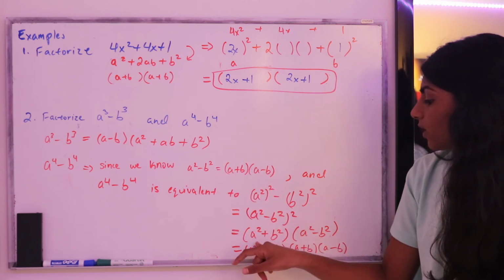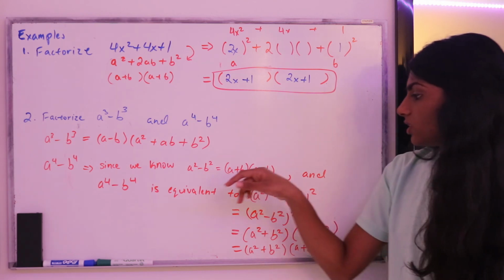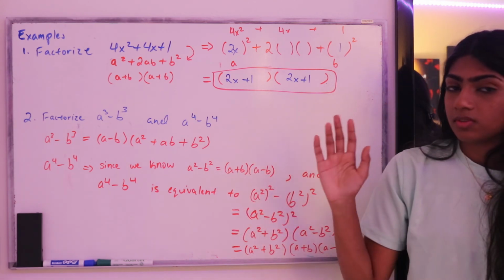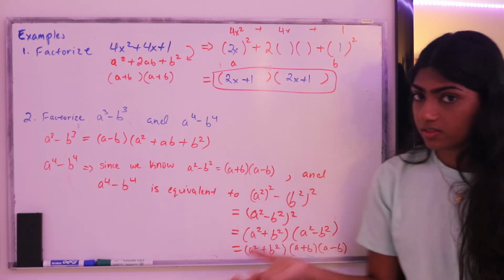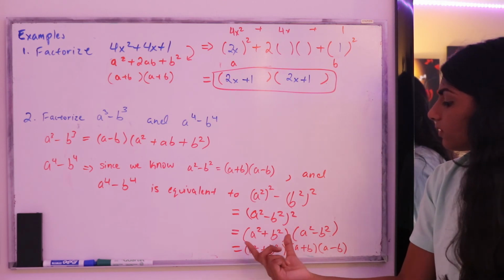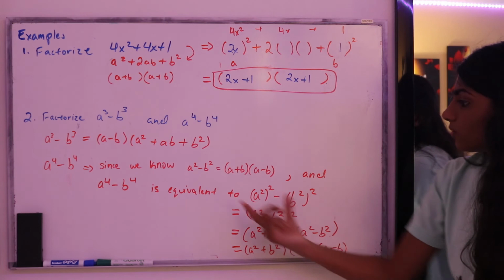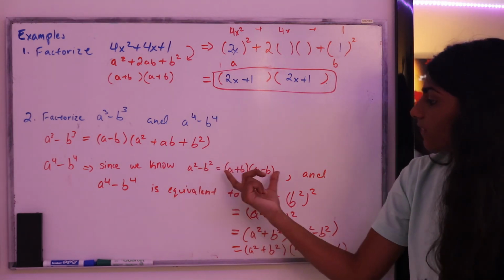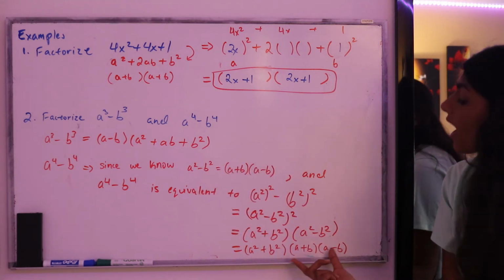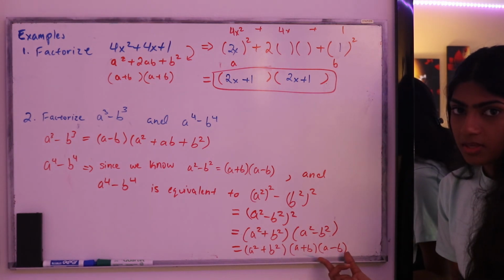I know a squared plus b squared times a squared minus b squared is the factorization. And then I have to keep simplifying to find the real factorization. So a squared plus b squared is just going to stay because there's no factorization for that. But for a squared minus b squared, there's a factorization. So I factorize again, and I get a squared plus b squared times a plus b times a minus b.